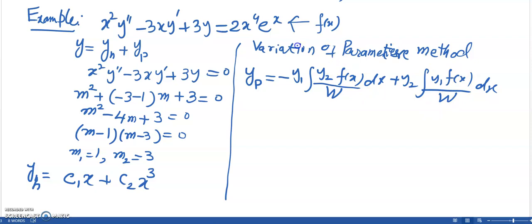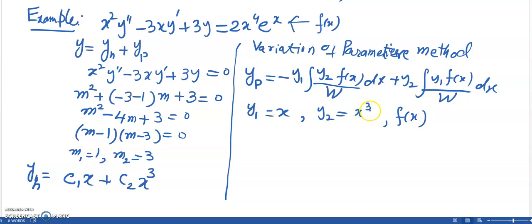If we want to apply this, then we need to calculate all these things. We already know that y1 is x and y2 is x cubed.